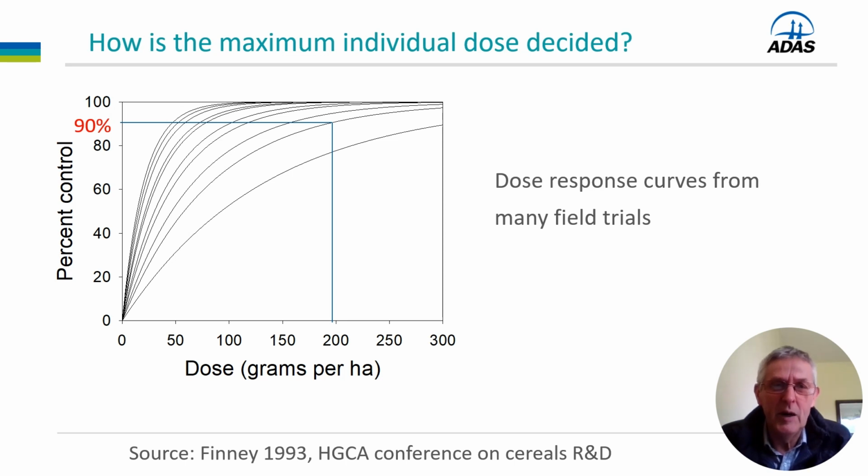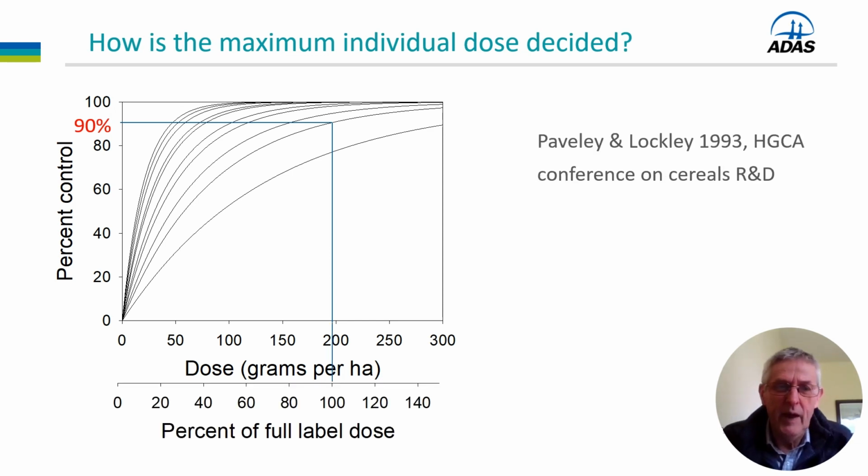And in this example, that would result in a labeled dose of about 200 grams per hectare. And that then becomes, in consultation with the pesticide regulator, when the product is first approved, the full labeled dose or maximum permitted individual dose that we just saw on the label.